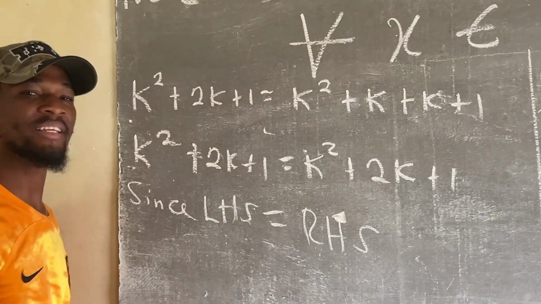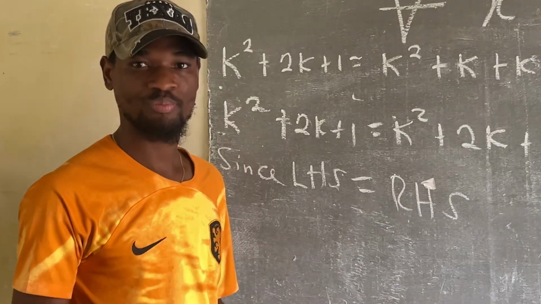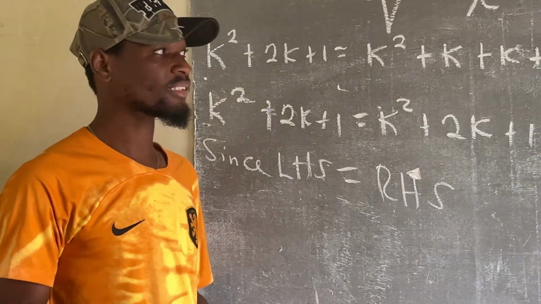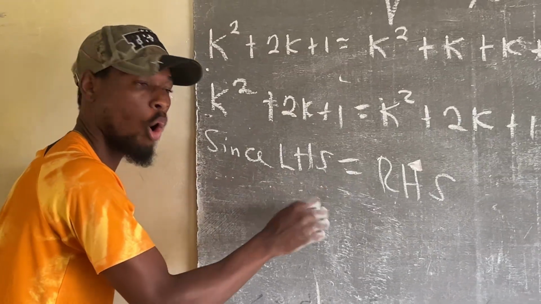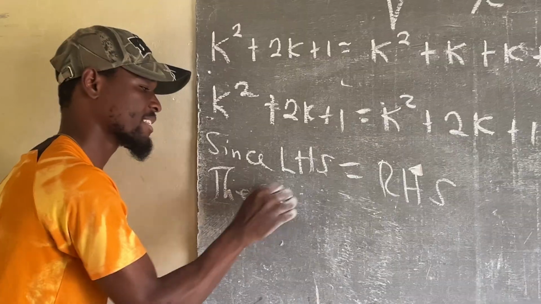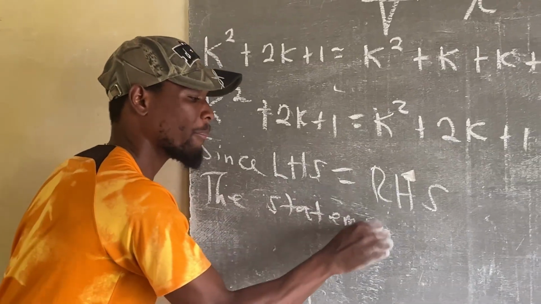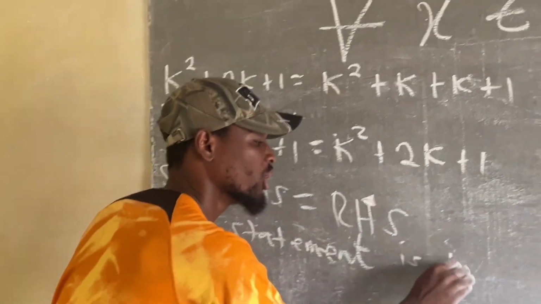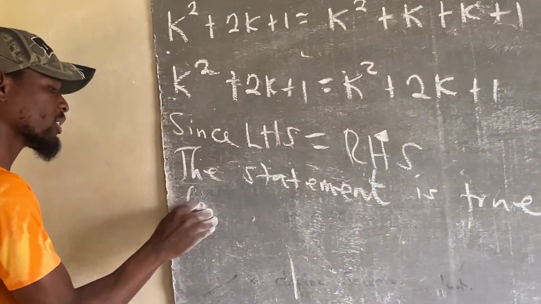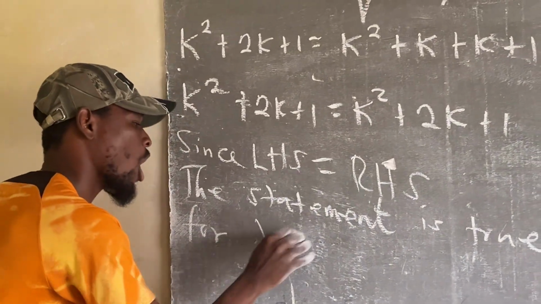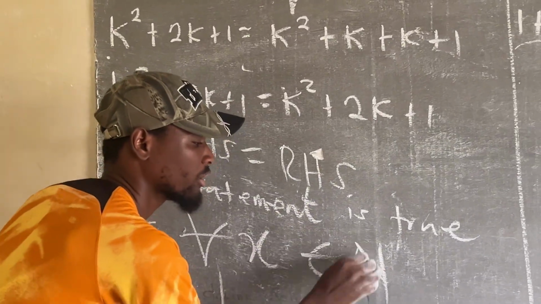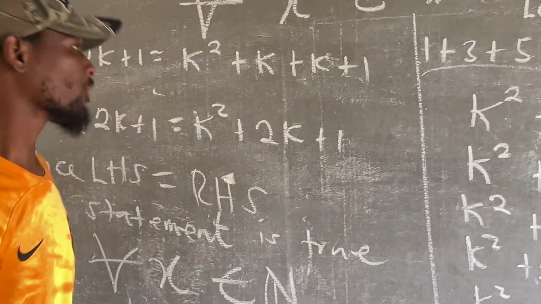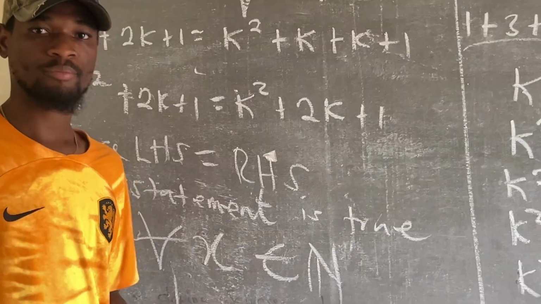So therefore, the statement is true. As simple as that. So you can conclude that the mathematical statement is true for all values of x belonging to natural numbers. Viewers, this is the end of this simple topic.